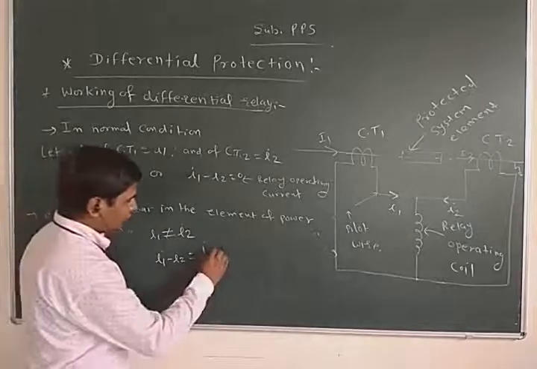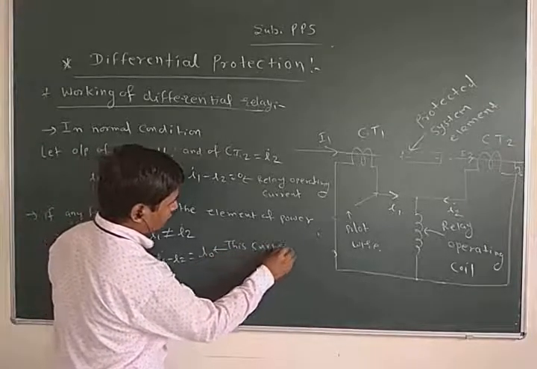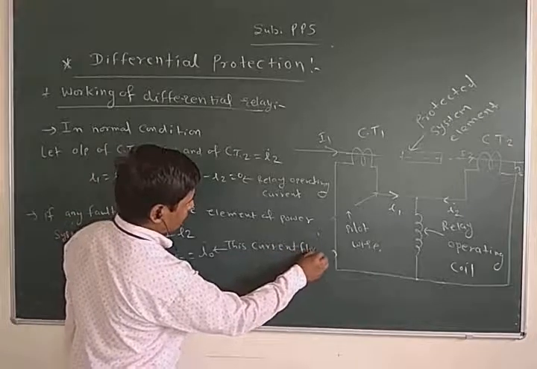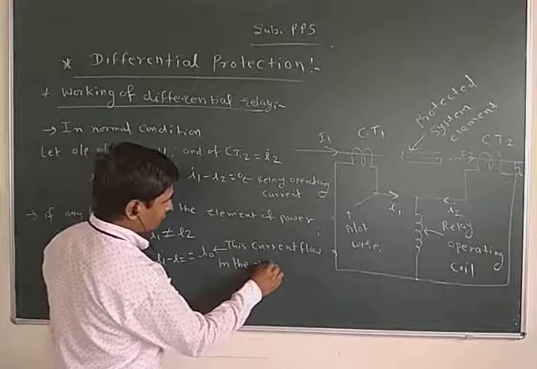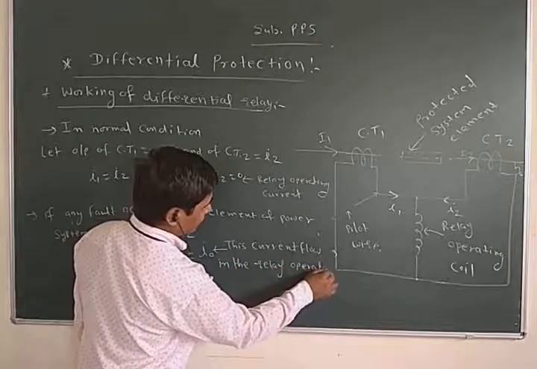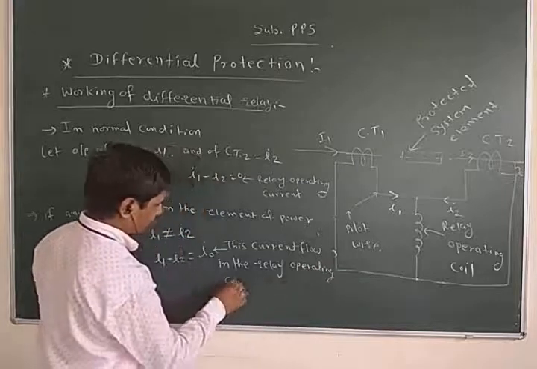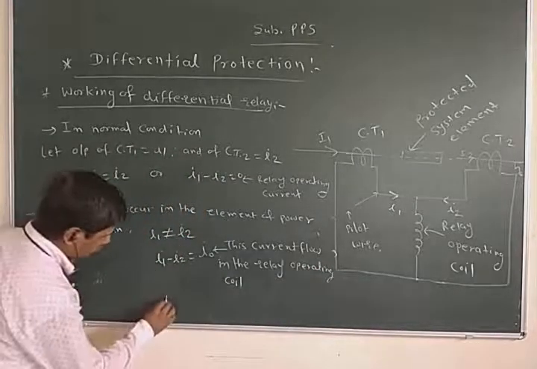So this current flows in the relay operating coil, and relay will operate.